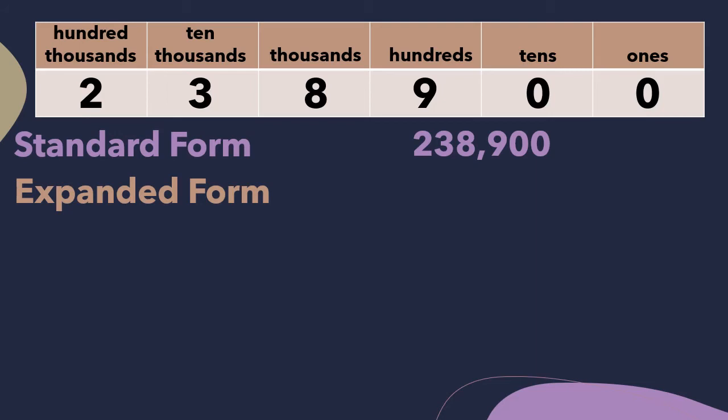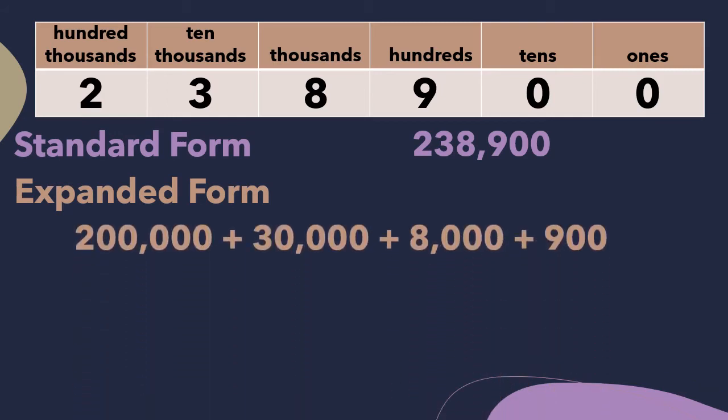And just as before, the 0 in the tens and the 0 in the ones both equal 0, so I'm not going to include them in my expanded form. So my expanded form of this number would be 200,000 plus 30,000 plus 8,000 plus 900.